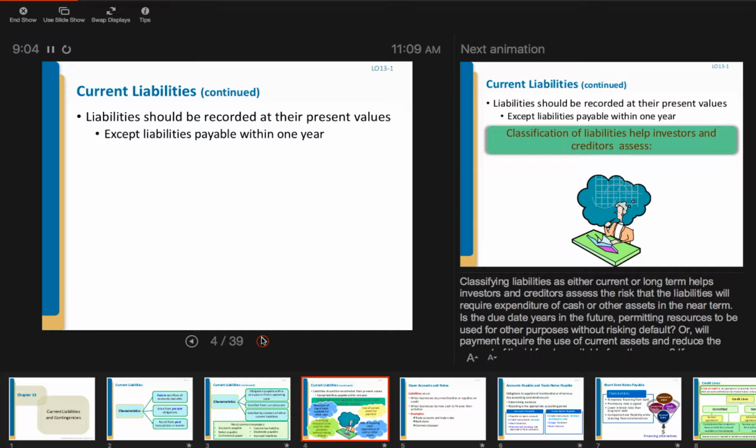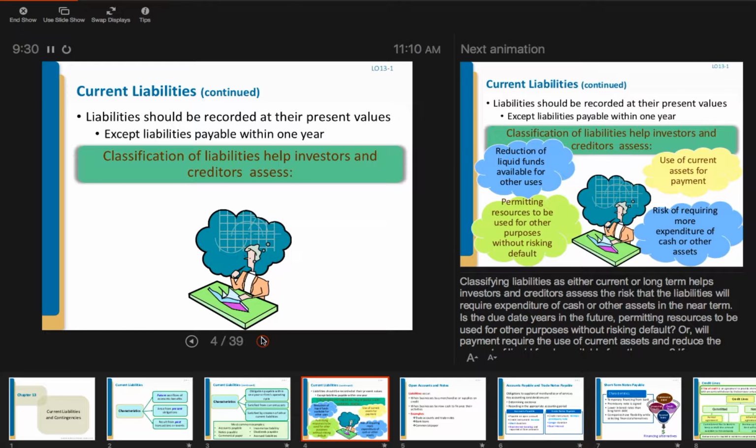So we don't expect wild fluctuations in the short term as far as the value of money goes. So we consider it a worthwhile efficiency to just talk about these types of liabilities at their current or their cost value, basically.